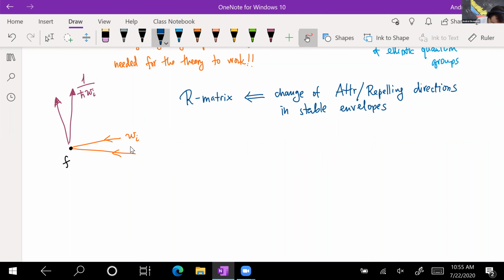So in particular, for one choice of attracting and repelling, the attracting manifold had its class as a product of H bar Wi. This is for one choice. And for another choice, if we make the exact opposite choice, we're going to get the product of the functions of just Wi.